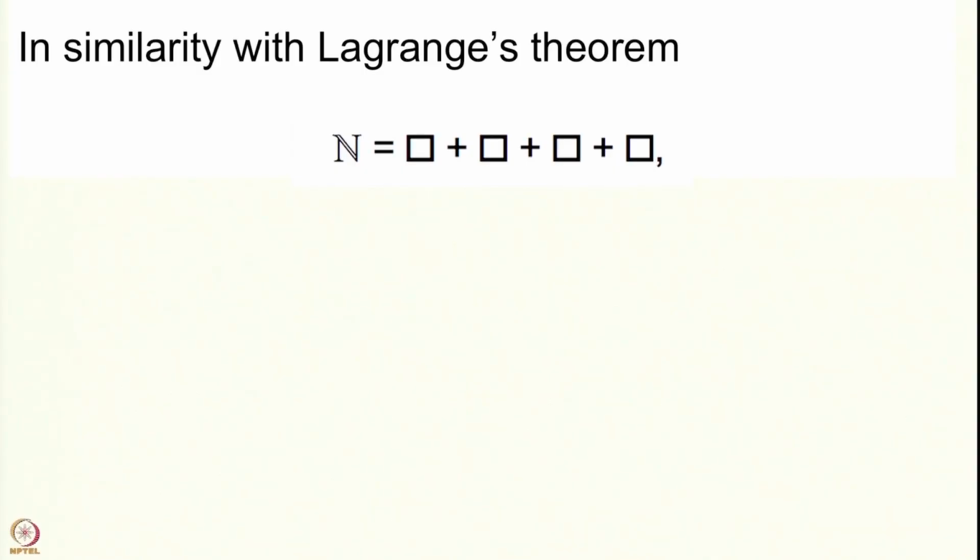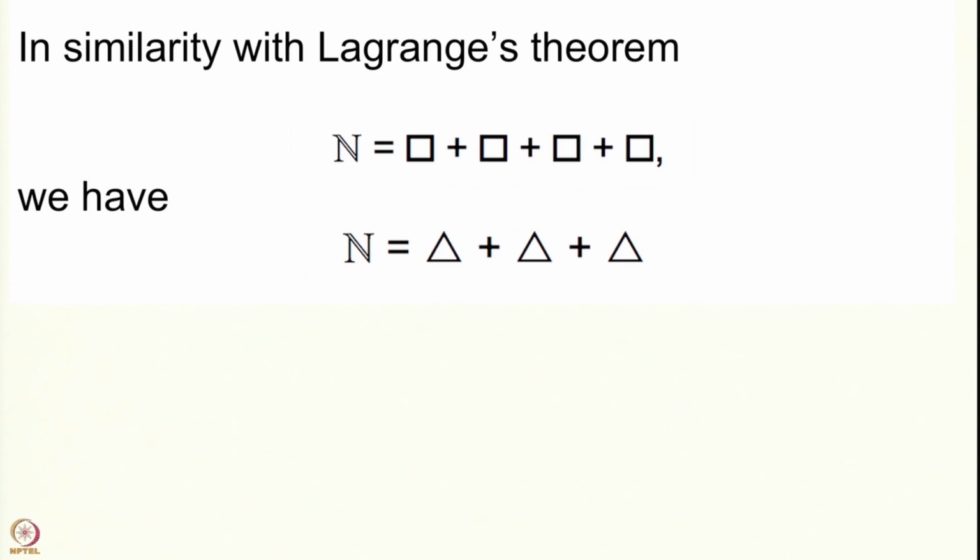This is the question that one would want to ask, and Lagrange's theorem says that n is a sum of 4 squares. So, you have 4 squares whose sum is every natural number.